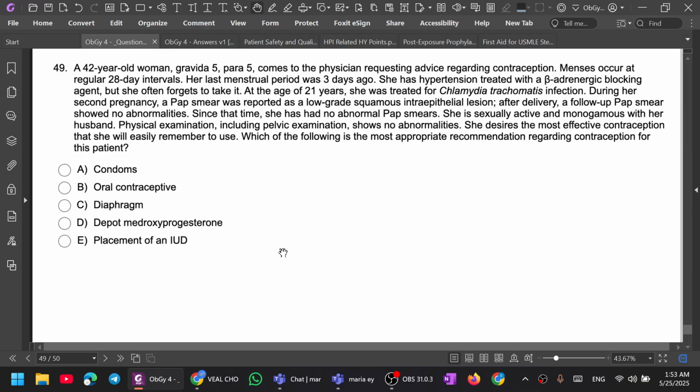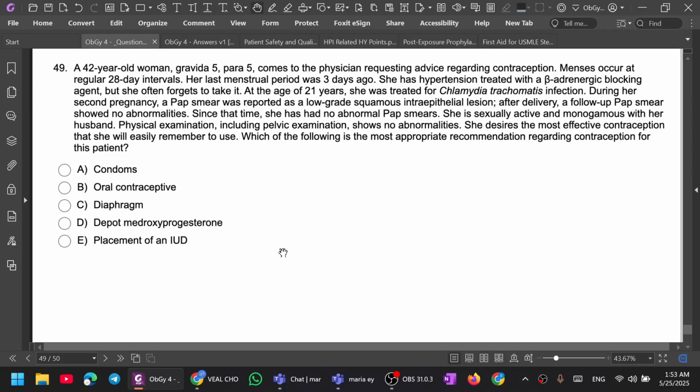At the age of 21 years, she was treated for Chlamydia trachomatis infection. During her second pregnancy, a Pap smear was reported as a low-grade squamous intraepithelial lesion. After delivery, a follow-up Pap smear showed no abnormality.